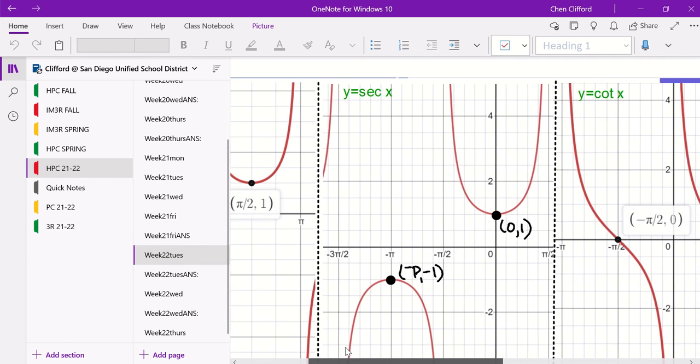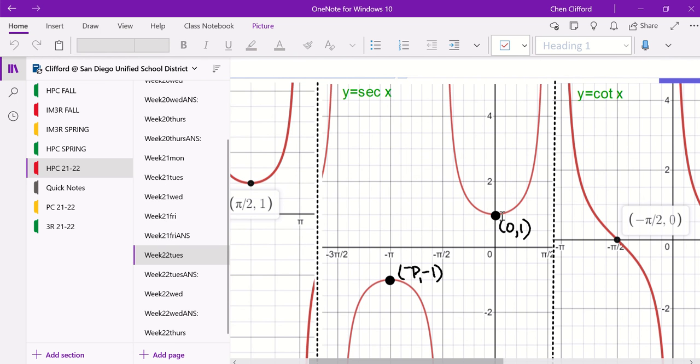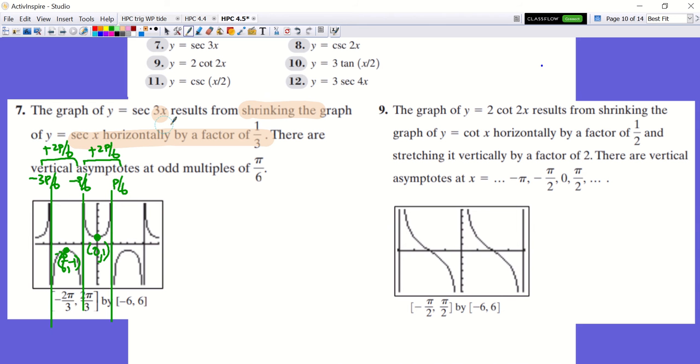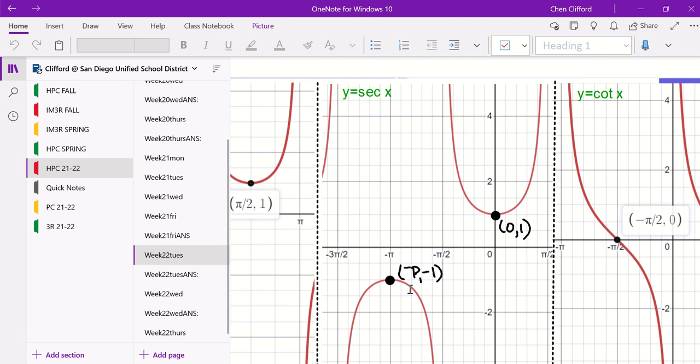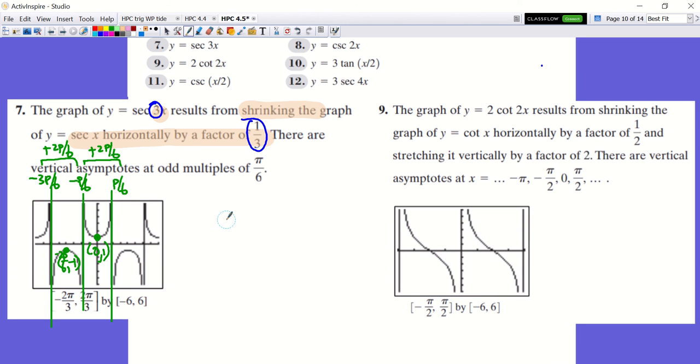Now, this 3x means we're going to horizontally shrink it by a factor of 1/3. So what used to be pi over 2 and minus pi over 2, we multiply by 1/3, so you get pi over 6 and minus pi over 6. And that's where this comes from.